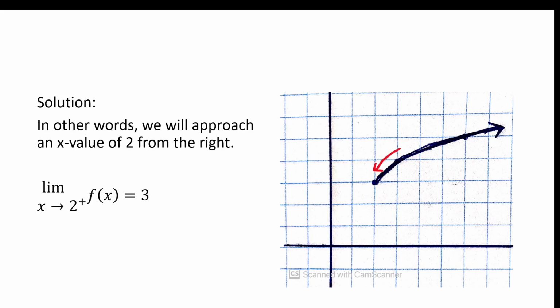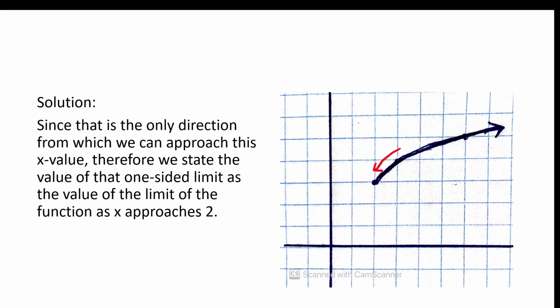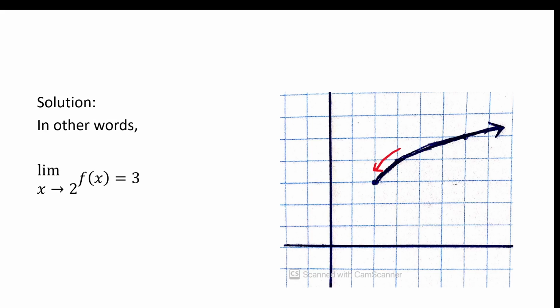When we do that, we see that our y value is getting closer and closer to 3. And since that's the only direction from which we can approach that x value, we'll state that the value of that one-sided limit is the value of the limit of the function as x approaches 2, and we will write that, what you see there. The limit as x goes to 2 of f of x equals 3.